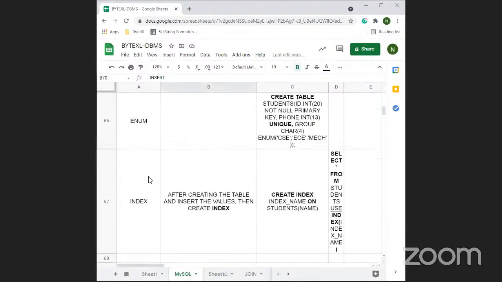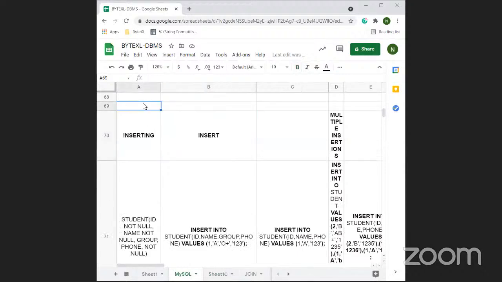Then on to the next important concept in DBMS, SQL. Once a table is created, if we want to store the details into tables, we will use all these concepts.